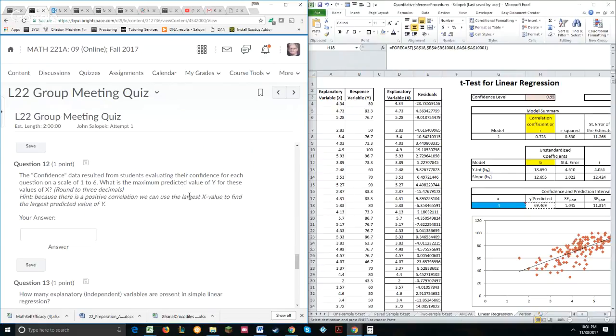Isn't that right? Well, did anyone get a 6? It says, what is the largest x value to find the largest predicted value of y? So 6.